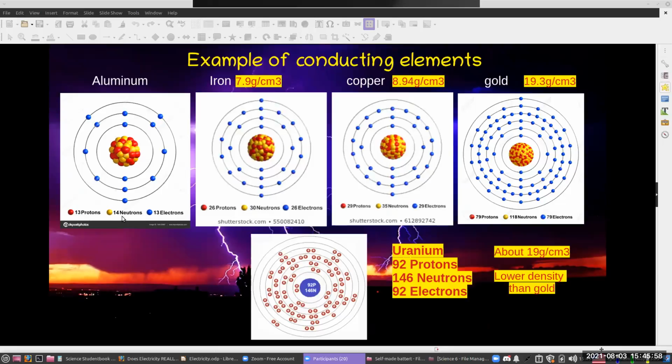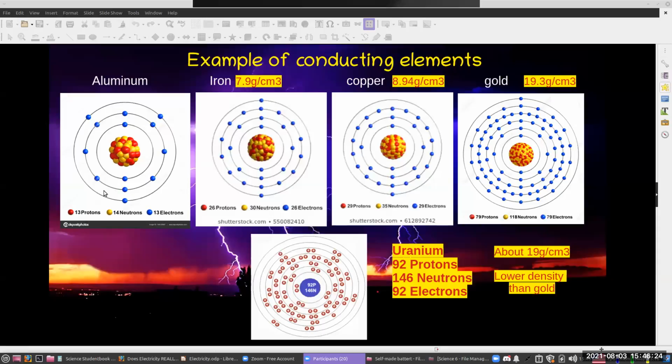Proton, neutron. Everyone knows a battery, right? A battery has positive and negative, plus and minus. It means, as an example, in aluminium, I have 13 particles charged positive and 14 particles charged negative, protons and neutrons.